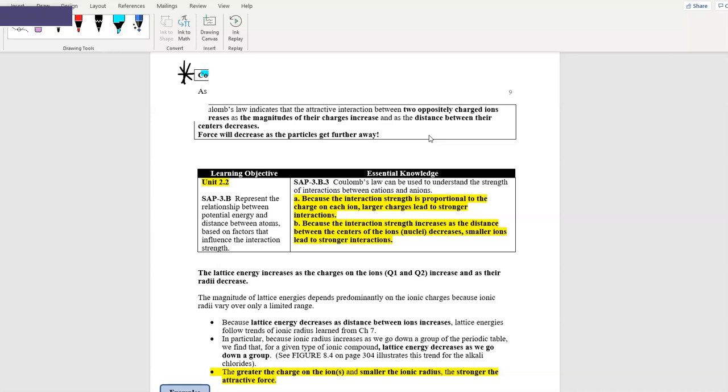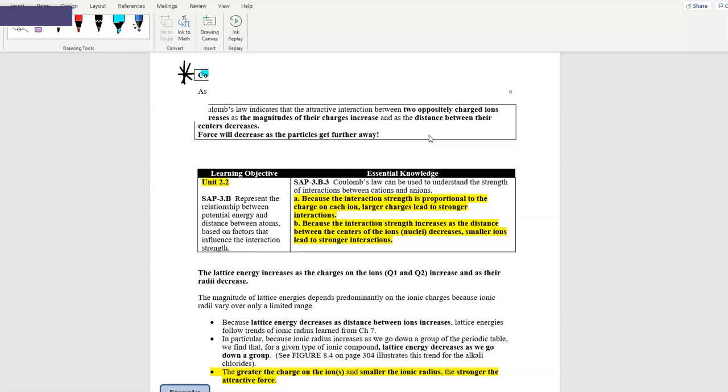And the distance between their centers decreases, which means these two ions, these ones right here, they are further apart from each other, but the magnitude, if it's a +2 and a -2, you'd actually have the +2 and -2 smaller distance between each other.